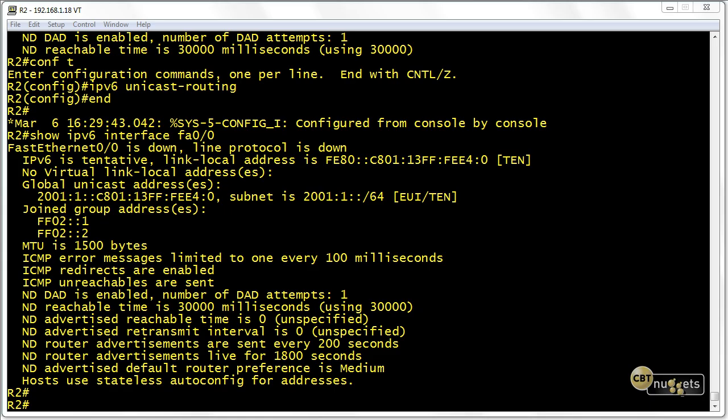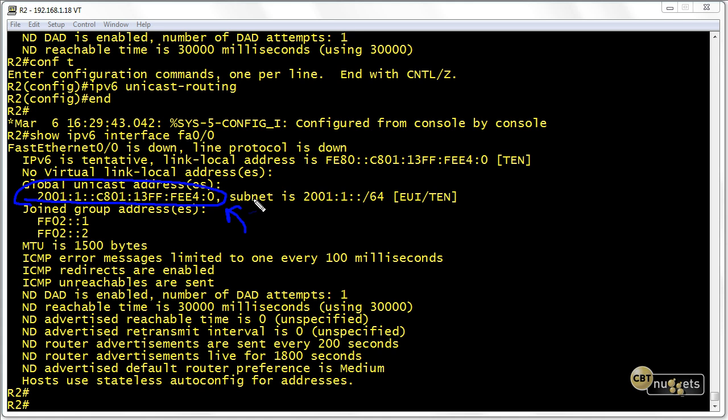So here we are back on that router where we configured the IPv6 address. And remember, here we can see the global IPv6 address that we configured. Remember, we configured the first 64 bits, and the machine, thanks to the EUI-64 process, automatically configured the last 64 bits.